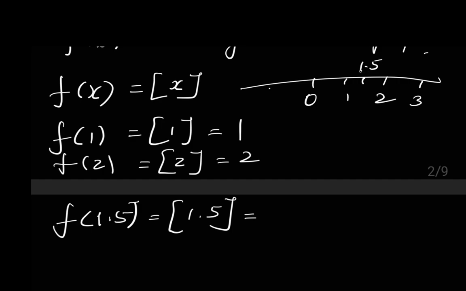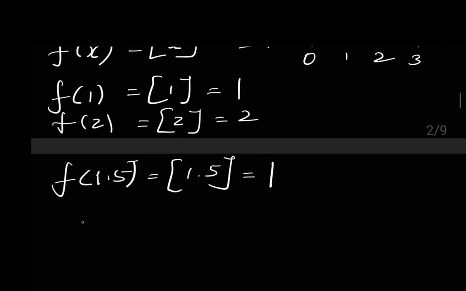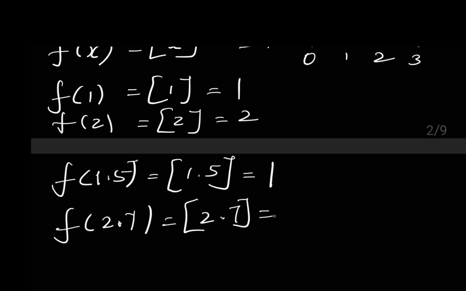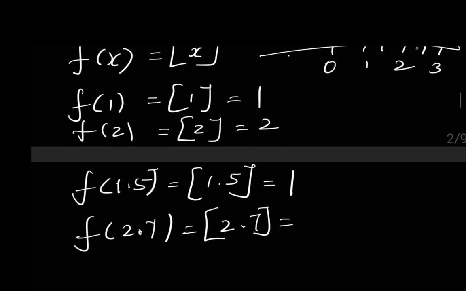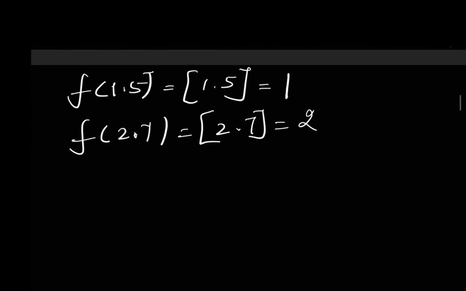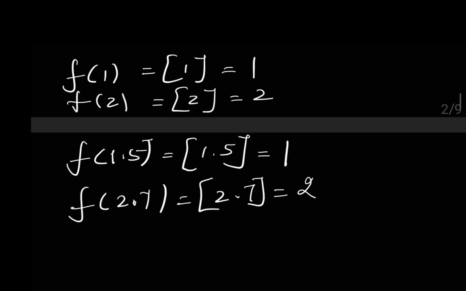So 1 is the maximum integer, the greatest integer. So the answer is 1. Take f of 2.7, closed bracket 2.7. So 2.7 lies between 2 and 3. So the greatest integer here is 2. So the answer is 2. So this is the meaning of the greatest integer function.